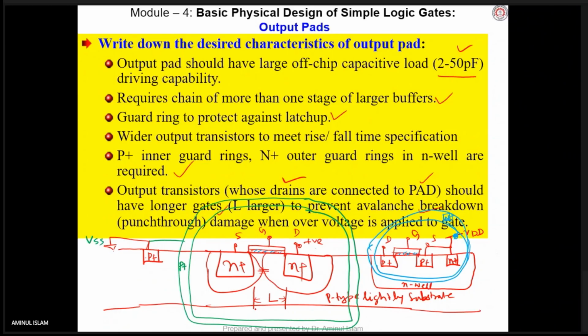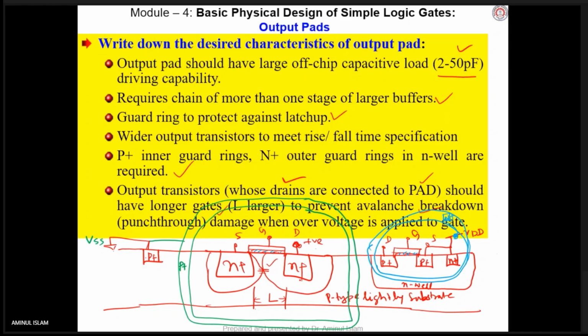See, we have already seen that the length nowadays is very small, and due to widening of the depletion layer around the drain and source, punch-through occurs. So you have to ensure that punch-through is not occurring, because this drain may be connected to the outside world and the voltage may be unexpectedly high, and then the depletion layer widening may be more and punch-through may occur.